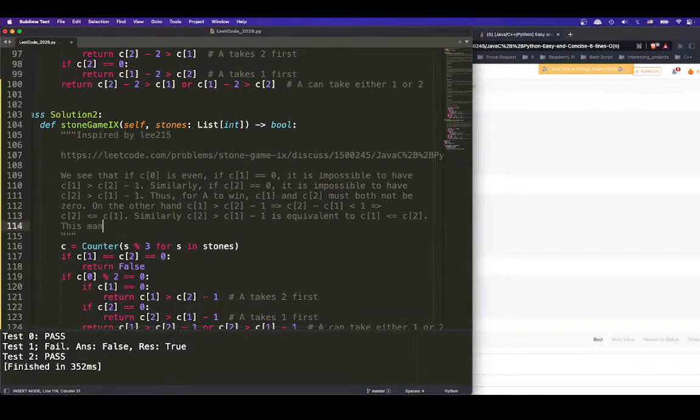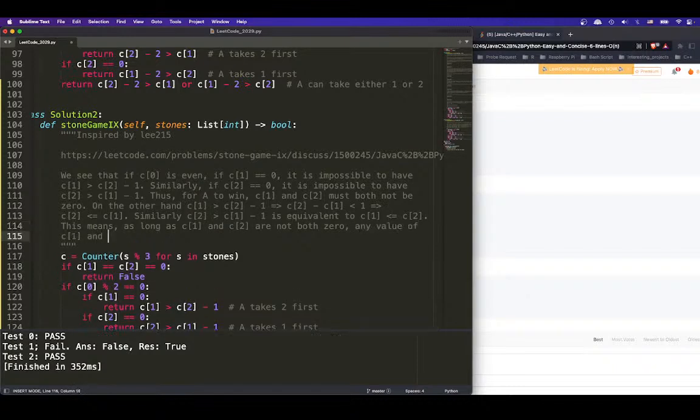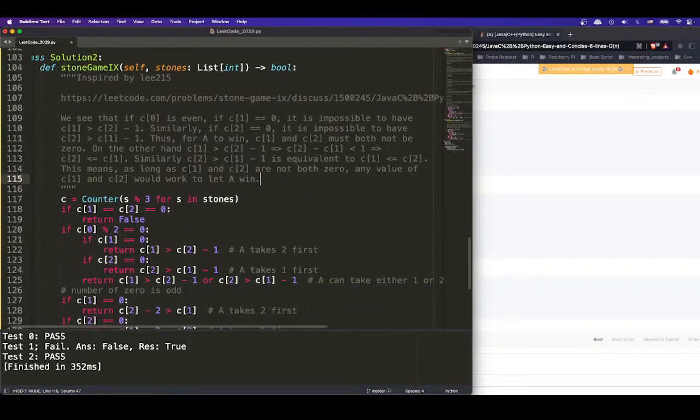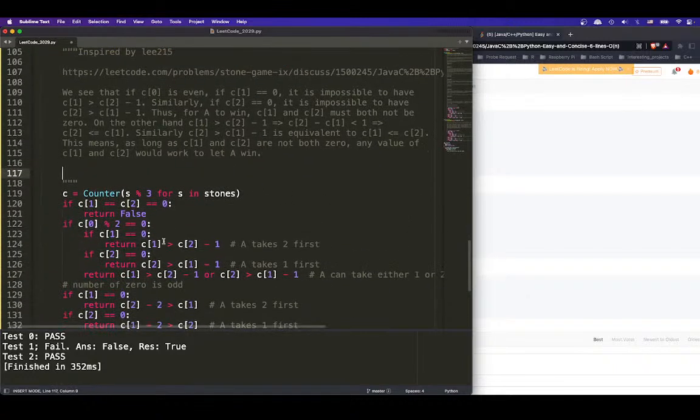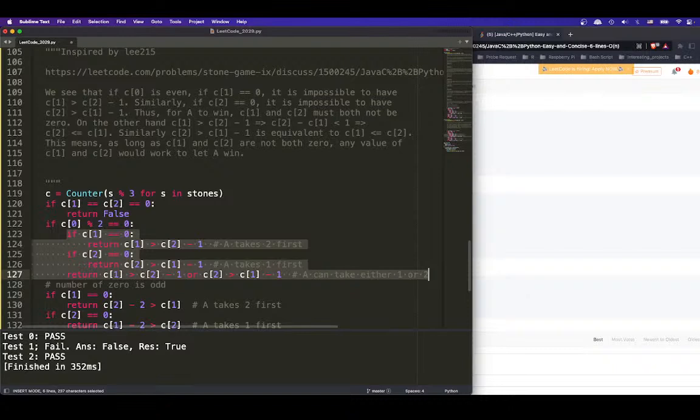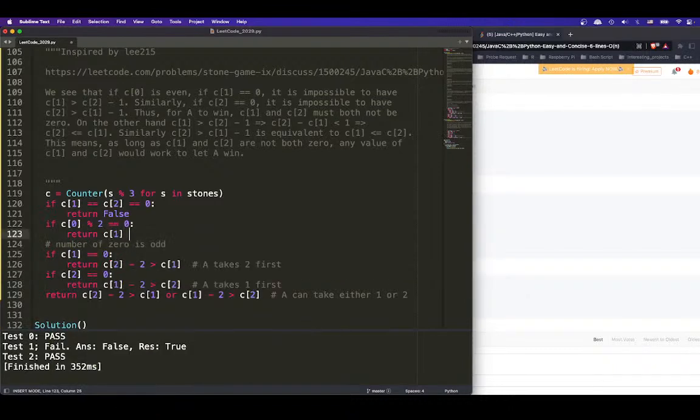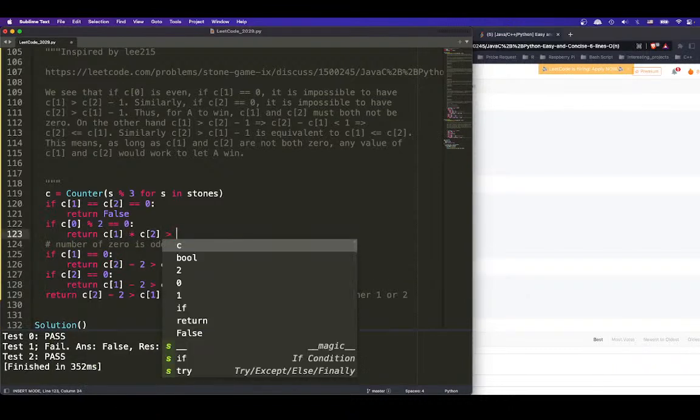This means as long as C1 and C2 are not both 0, any value of C1 and C2 will work to let A win. So we can just say return C1 times C2 is larger than 0.